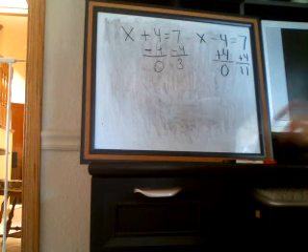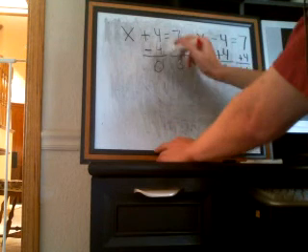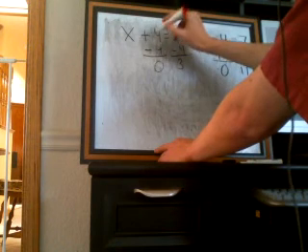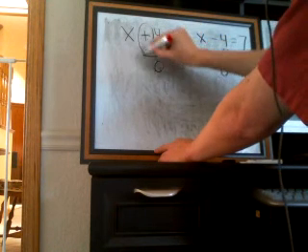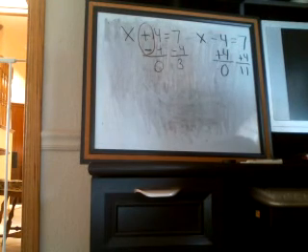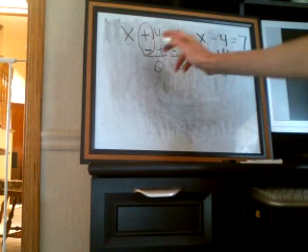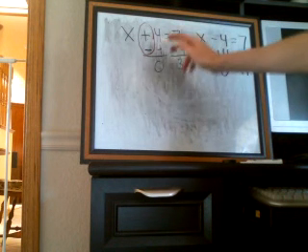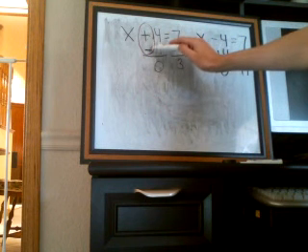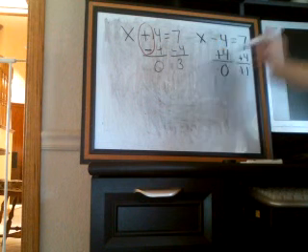And one important thing to remember is that these two signs right here, where you get 0, these two signs have to be opposites. So here you have a plus and a minus, and you have plus 4, minus 4, and it equals 0.